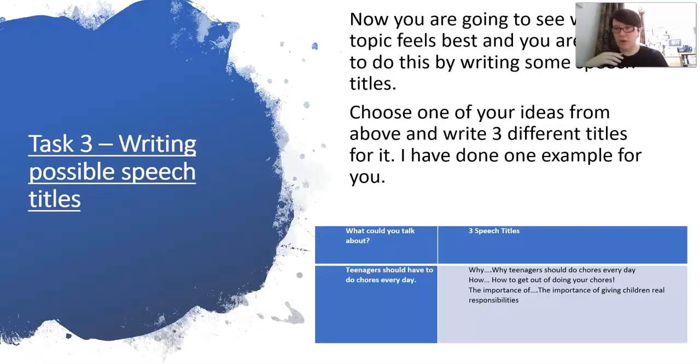Okay, so you're going to have a go with each of the ideas that you've written down now, and you're going to come up with speech titles for them to see how they kind of feel as a speech topic. So in your table, imagine that you've written what I've got on my table here.